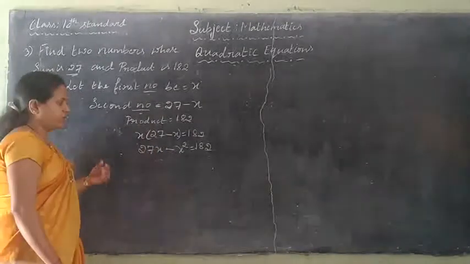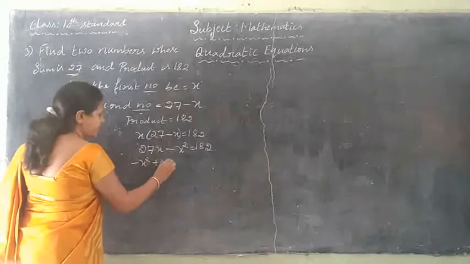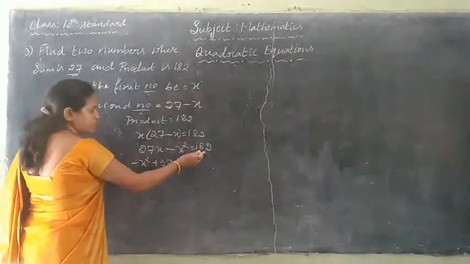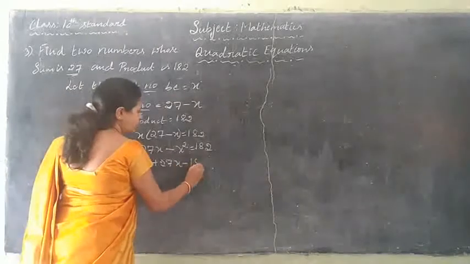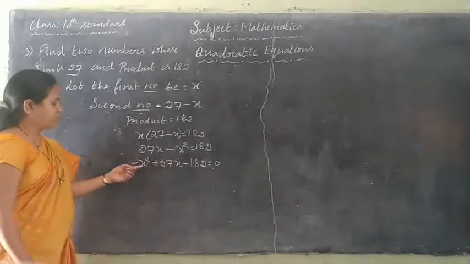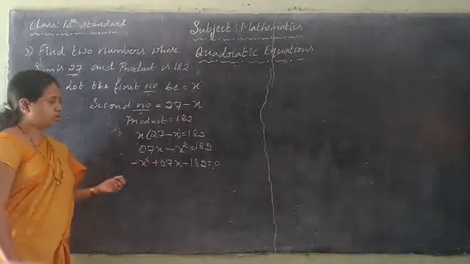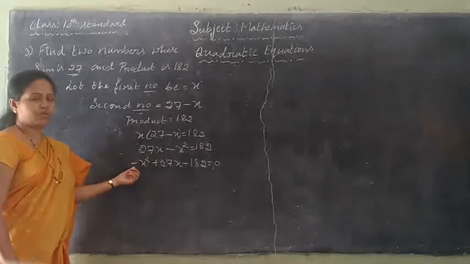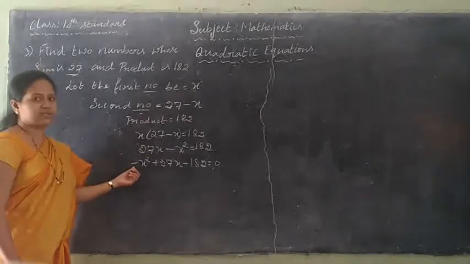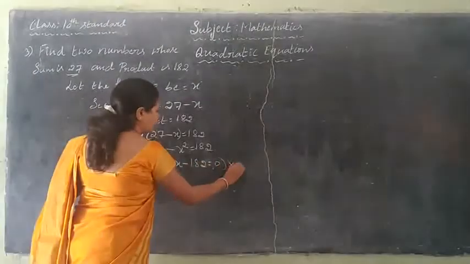Transfer 182 to the left hand side. Minus x square plus 27x. So plus 182 will become minus 182 is equal to 0. Minus x square plus 27x minus 182 is equal to 0. See the beginning of the problem, children. What is there? Minus is there, isn't it? What do I do? You have to multiply by minus 1.